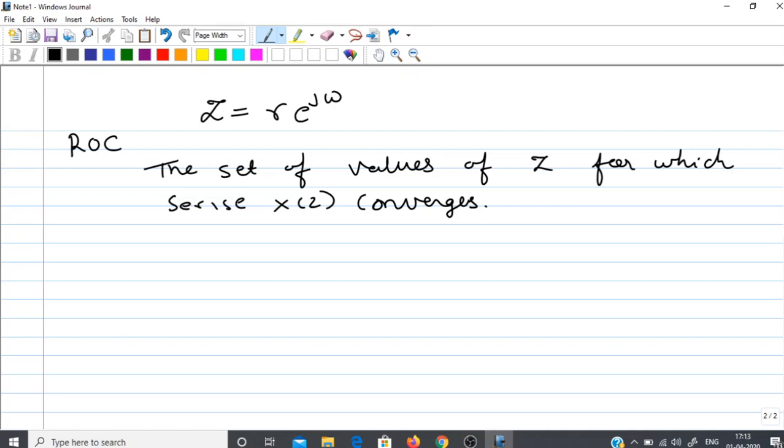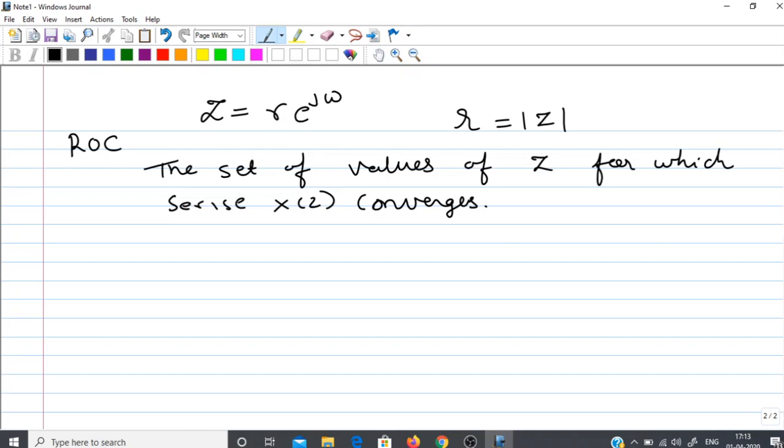So the range of values of z for which the series X(z) converges, that range of z is called the region of convergence or ROC. Now because z is r e to the power j omega and r is equal to mod z, it is very obvious that the ROC is nothing but the values of r, or the values of mod z, for which the series X(z) converges.